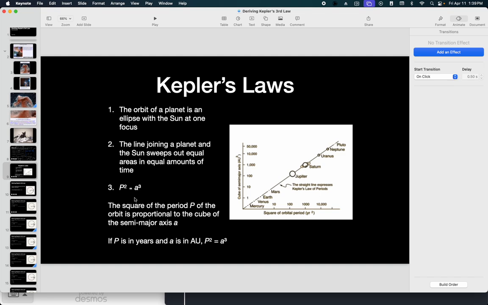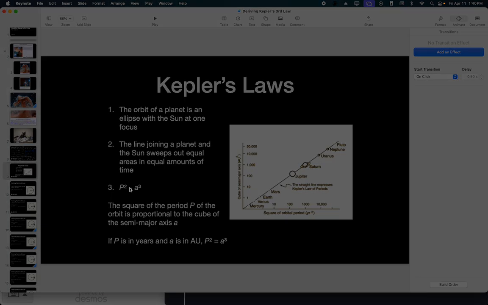Kepler did not write this law in terms of logs. He wrote it in terms of linear data. As you notice, the shape of our raw data was exponential. The way Kepler's third law is usually expressed is P squared equals A cubed.